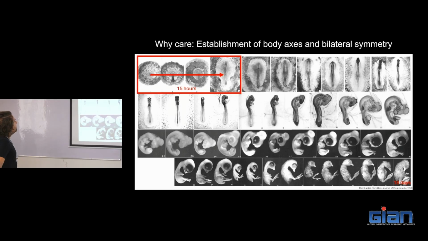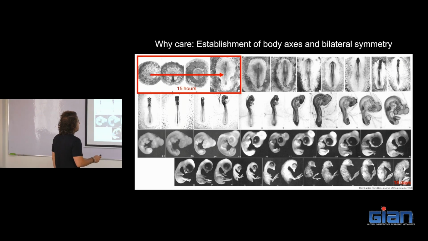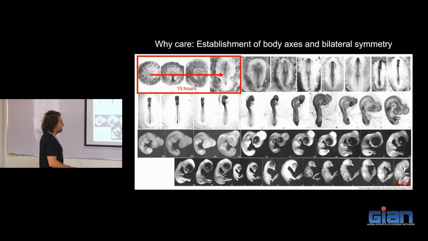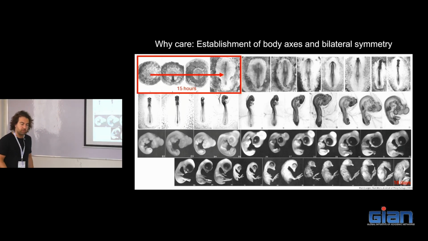Okay, so what we did, and if you really want to have a little bit of a broader overview, we are looking at the first 12 to 15 hours of development, when you start from a disk of cells, two-dimensional, to now an elongated, symmetry broken, at least geometrically symmetry broken system, and then if you wait 18 days, basically you're going to get the full embryo, the full animal.